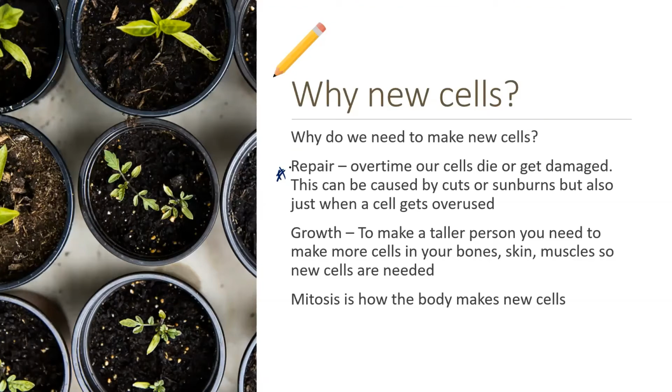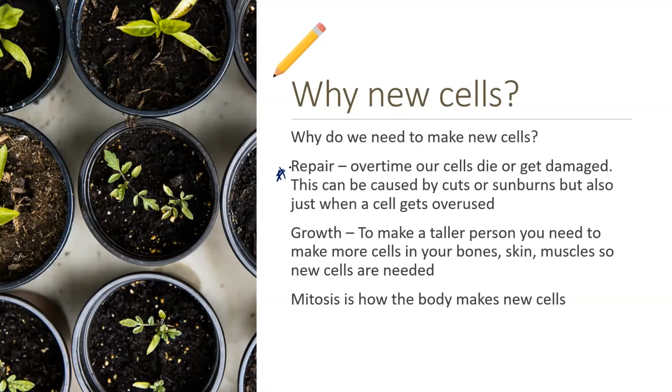This can be caused by cuts, sunburns, scrapes, bruises, but it can also be due to cells getting overused. It can be caused by muscles tearing cells. It could be caused by a disease or something that kills a bunch of cells in your body. But also, as I said, overuse. Obviously a blood cell can only work for so long and then eventually it's going to die.